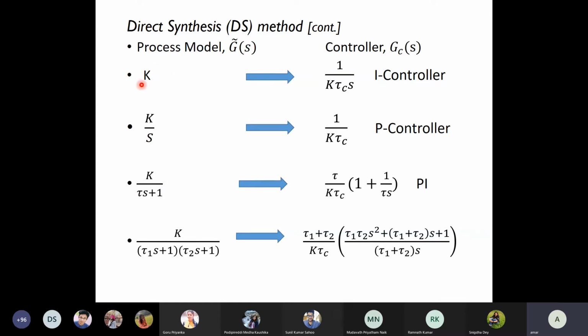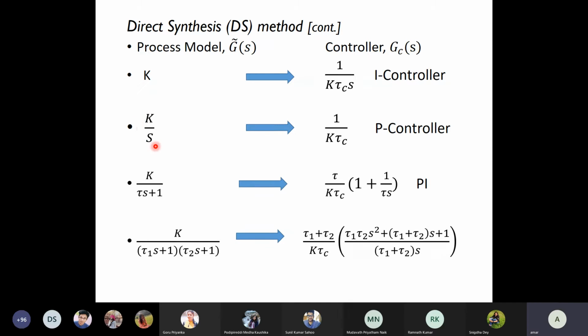Let's say I have a process which is a pure gain process. For a pure gain process, I will have a controller which is 1 by k tau C S. So theoretically, I need only an integral controller to control the pure gain process.